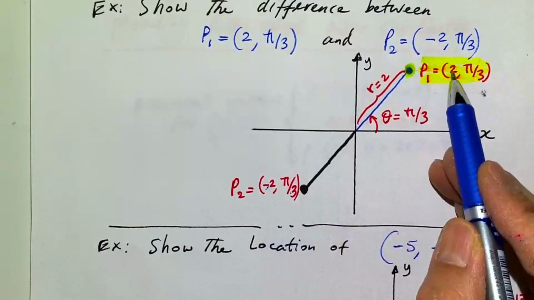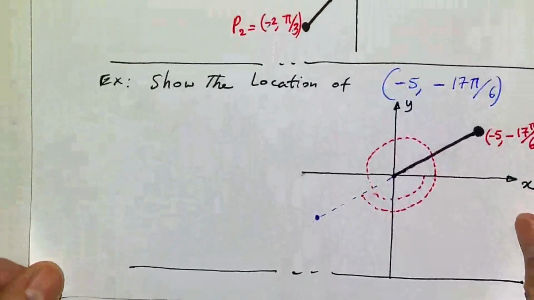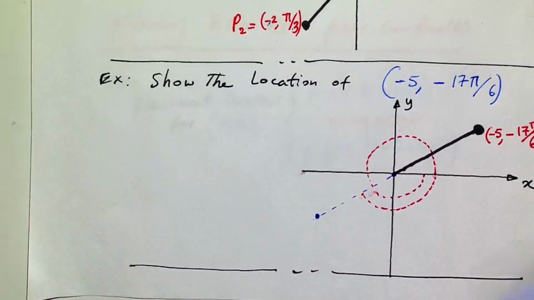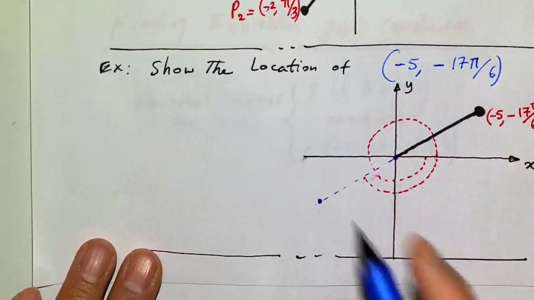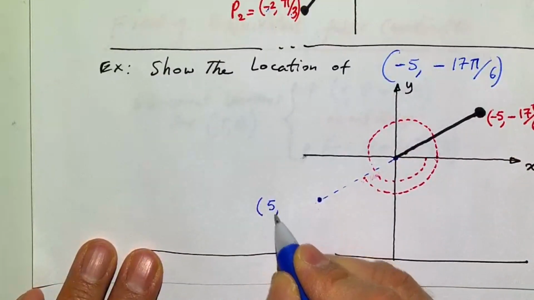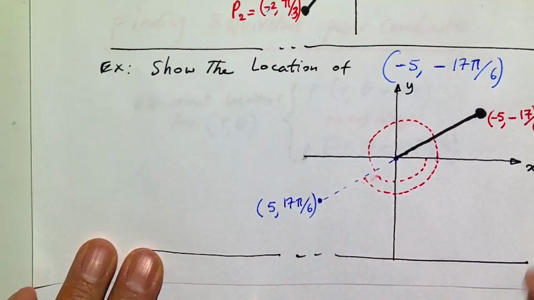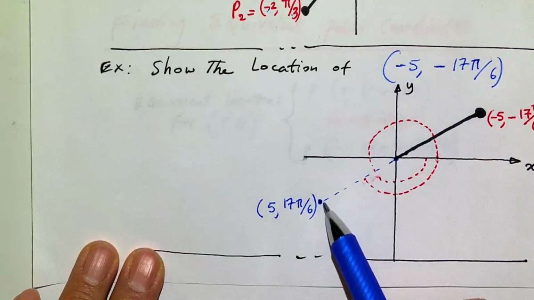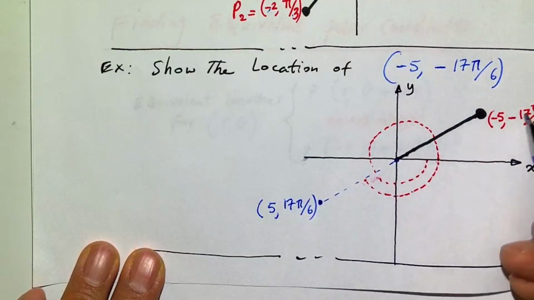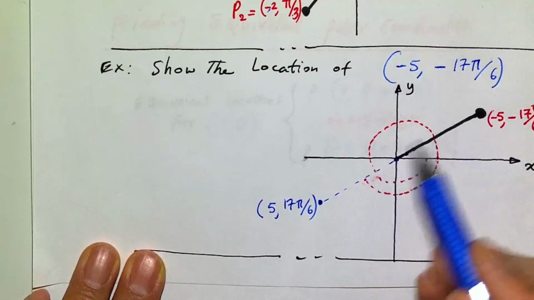One is negative, the other positive. And the same thing happened here. This point would have been (5, 17π/6), but of course we have (-5, that). So again, the location of that point is changed by a π angle.